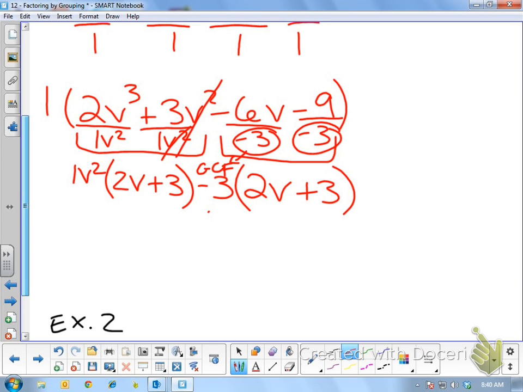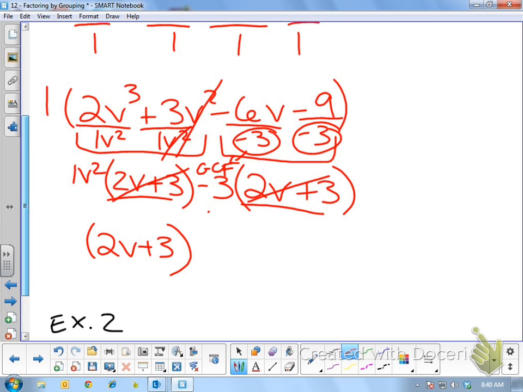When we write our answer, what do I start with first? Greatest common factor of these 2, which is the entire binomial. We start with this binomial here. Even though there were 2, it's like when we had square roots.